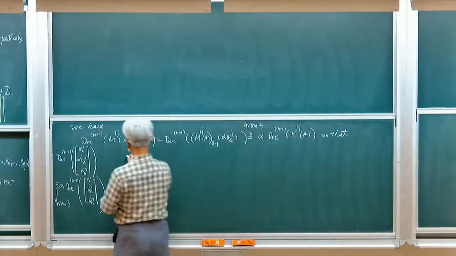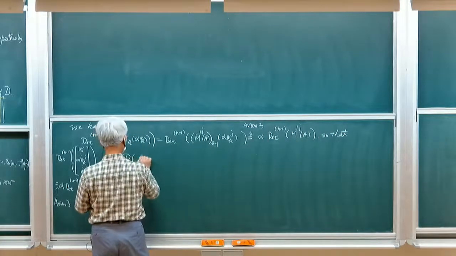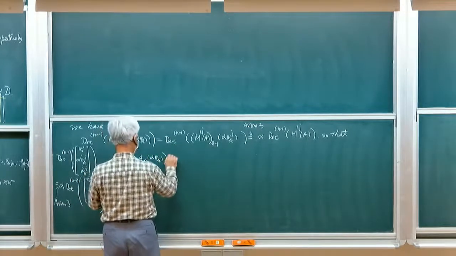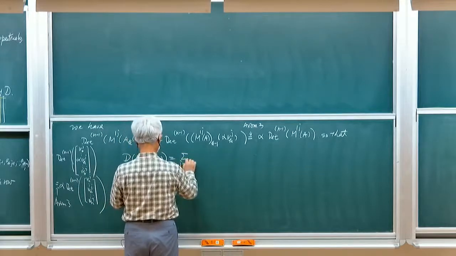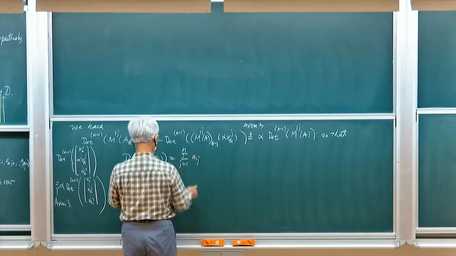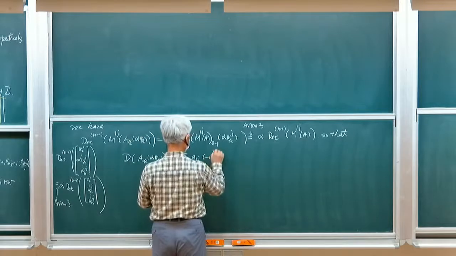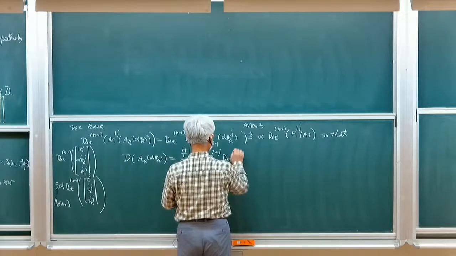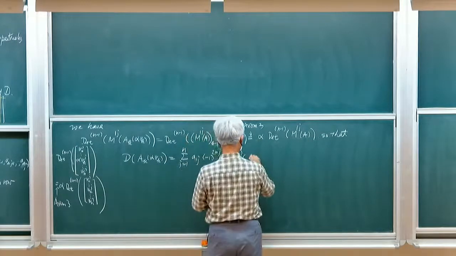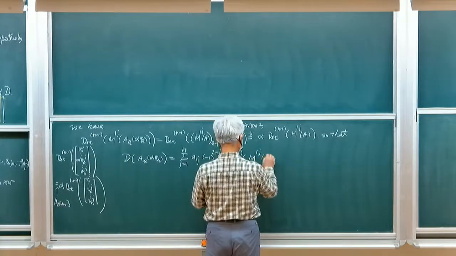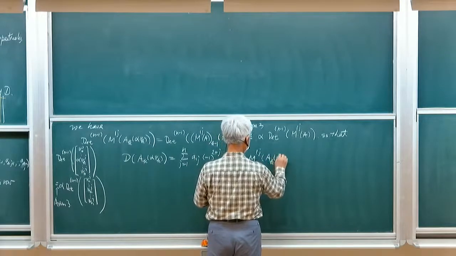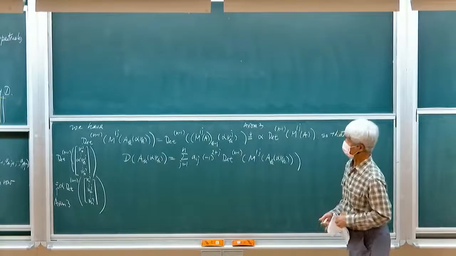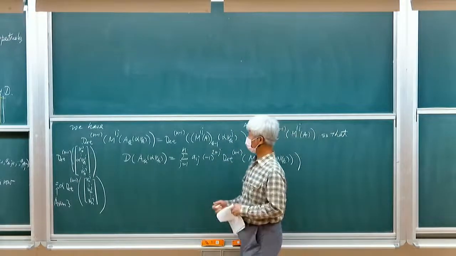So finally, the D of A1, ..., alpha RK, this is the summation of A1J times the cofactors, right?